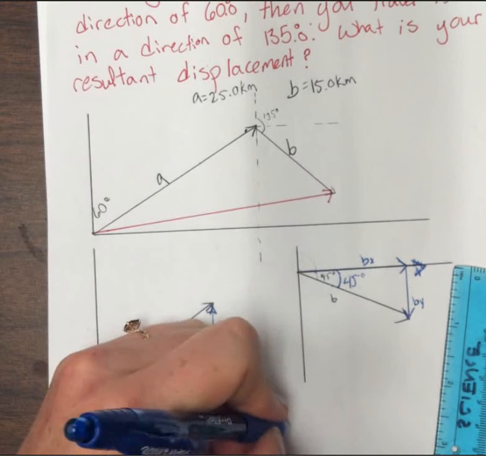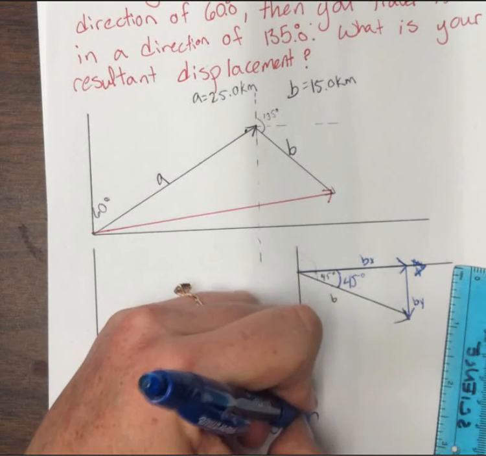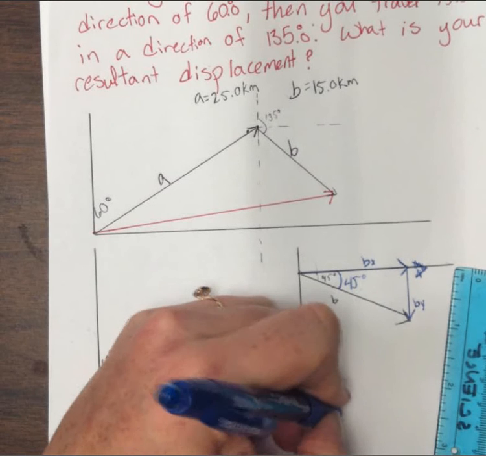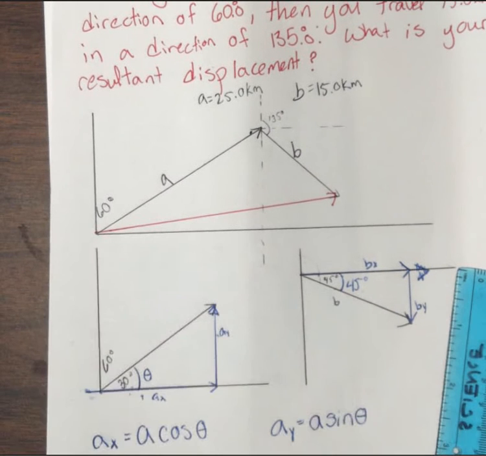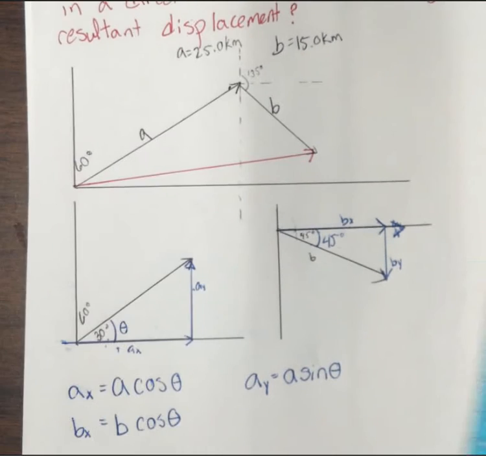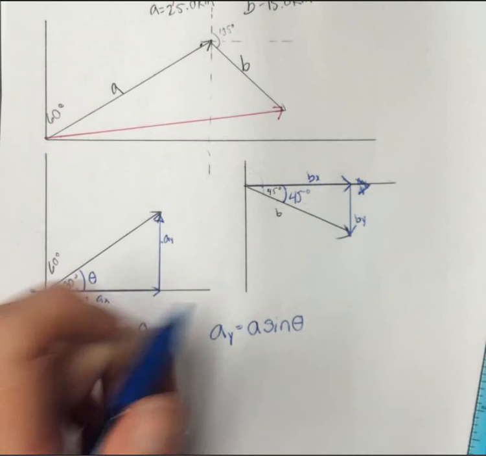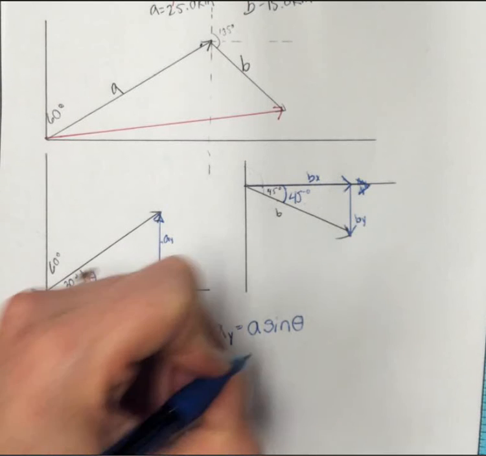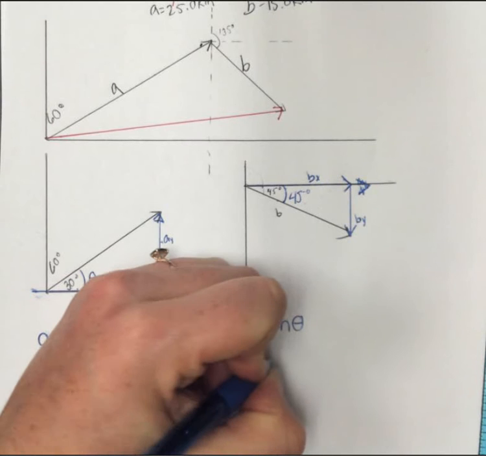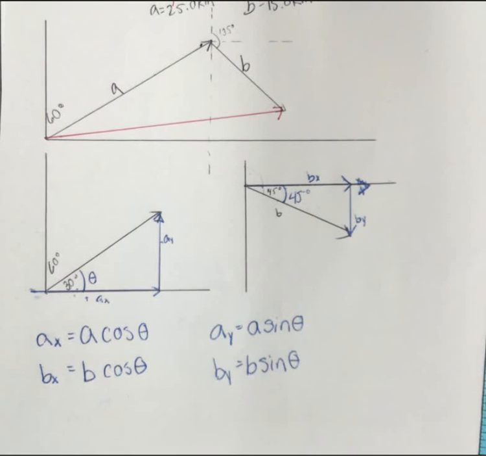For the y component, we're going to say that that's the A vector times the sine of the angle made with the positive axis. And for the B vector's y component, it's going to be B vector times the sine of the angle made with the positive x-axis. So we can now plug in these values.